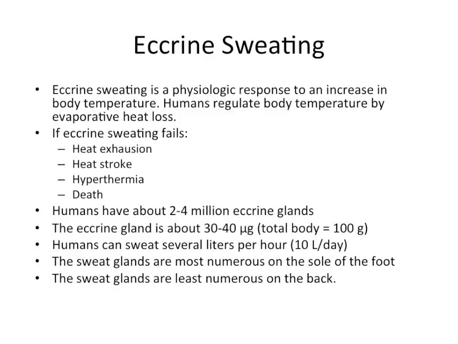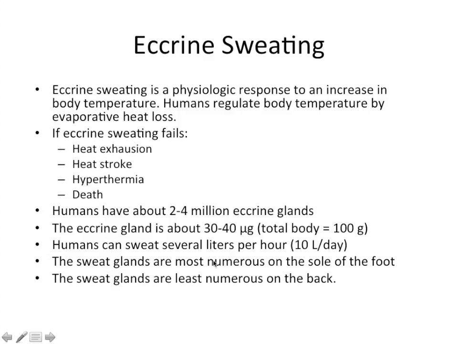In general, humans have about 2 to 4 million eccrine glands distributed over their body. That's quite a bit. And if you look at this figure, the eccrine gland is about 30 to 40 micrograms. So it's relatively small, but when you add them all up, there's about 100 grams of eccrine glands in the body, and that's about the size of a kidney, actually.